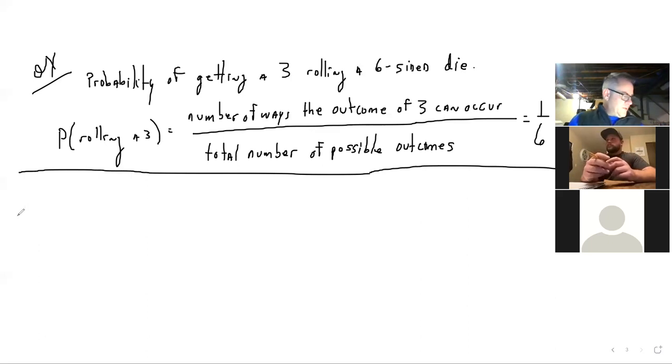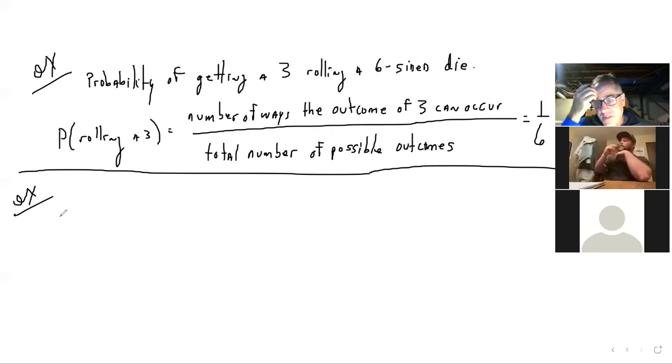All right, look at another example. Playing cards. This time I have a standard 52 card deck. There are 4 suits: hearts, clubs, spades, and diamonds. Each suit has 13 cards. Count them up, ace through 10, then you've got the jack, king, and queen.